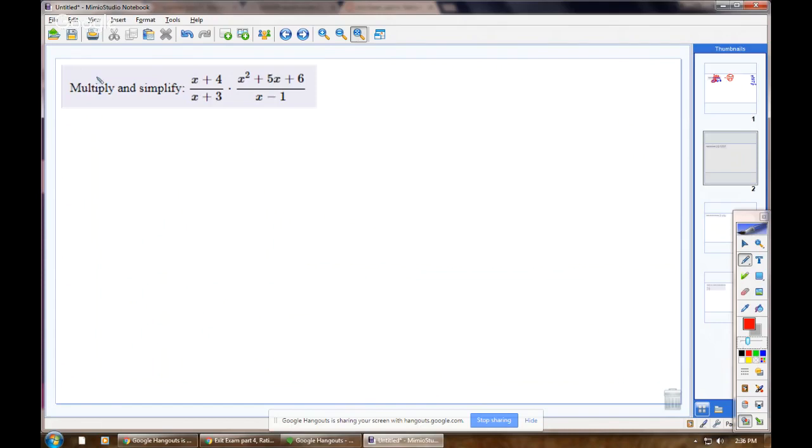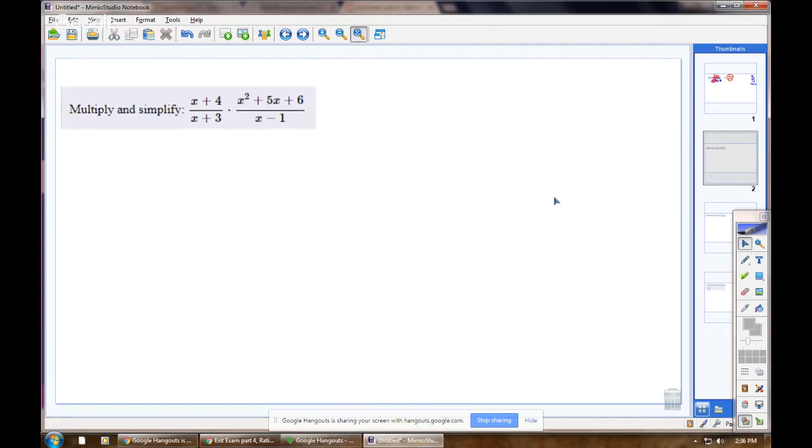Next one here, we want to multiply and simplify. On this one right here, I think we should factor that numerator. So I'm going to slide this down a little so I can factor in place. In the numerator, x plus 4, nothing I can do. x plus 3, nothing I can do. x minus 1, nothing. But up here, that will probably factor.